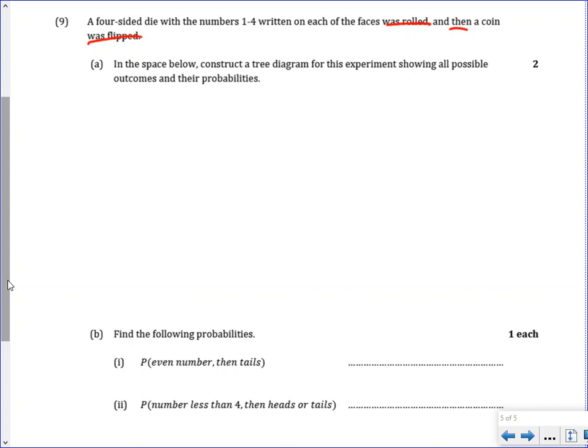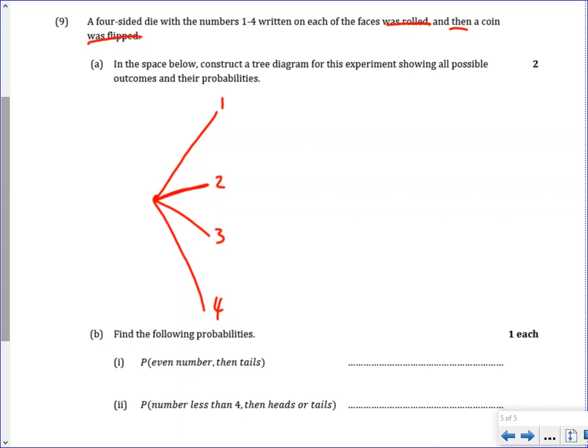So what we're doing first is the first thing done was the 4-sided die was rolled. Remember, our tree diagrams always start at a single point, and there are 4 possibilities that can happen in the first thing. So 1, 2, 3, 4. Now, out of each of those possibilities, a coin was then flipped.